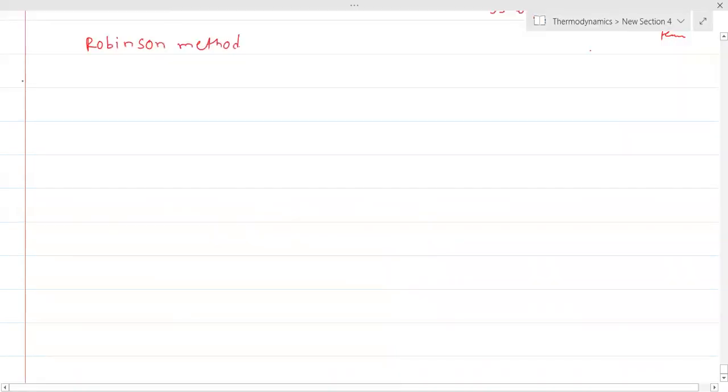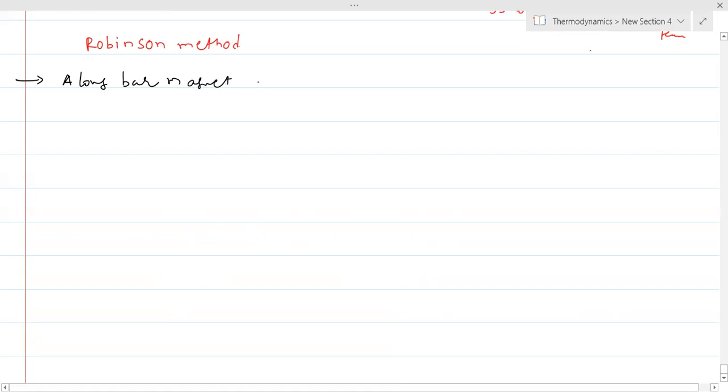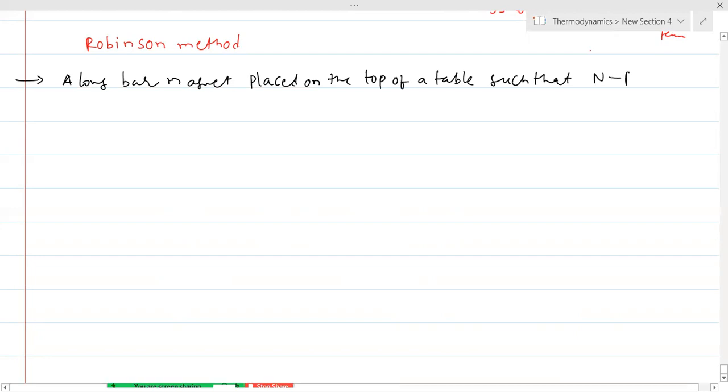Robinson method means, for example, a long bar magnet placed on the top of a table such that the North Pole is on the table.